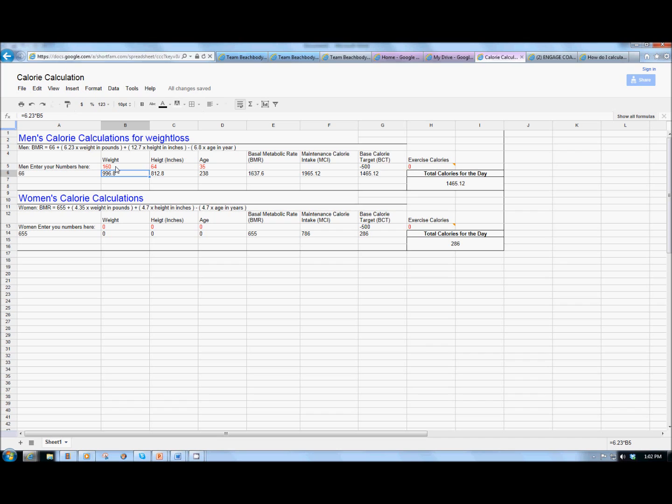But in the scenario that we have here, we are set up to lose a pound a week with a 500 calorie deficit. The theory is that a pound equals 3,500 calories. So if we have a deficit of 500 calories over 7 days, that would equal 3,500 calories or 1 pound a week.